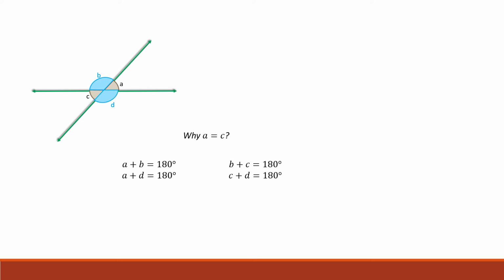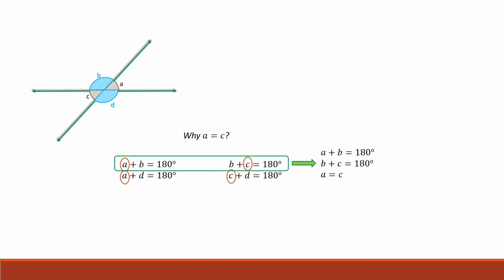Since we like angle A and angle C, we can try to find every statement about A and C. By picking two statements, we can form a chain involving A and B and B and C, which forms a chain of A, B, and C, and that ends up proving a statement about A and C. A plus B is equal to 180, B plus C is equal to 180. So A is 180 minus B, C is also 180 minus B, which gives you A is equal to C.